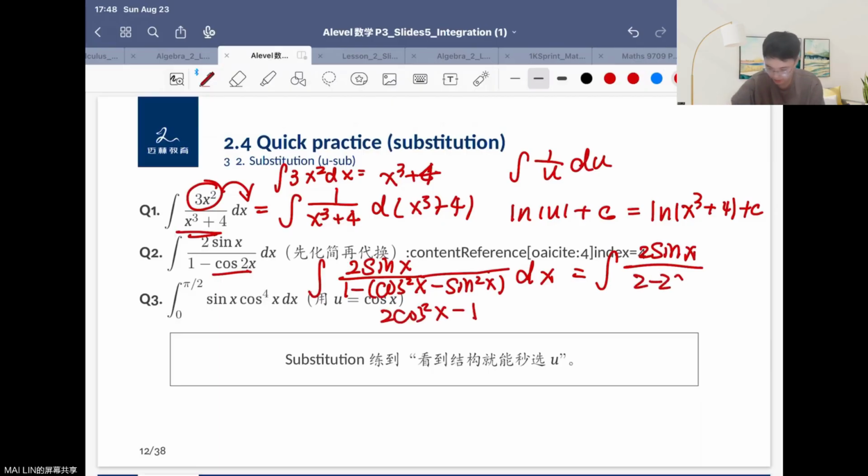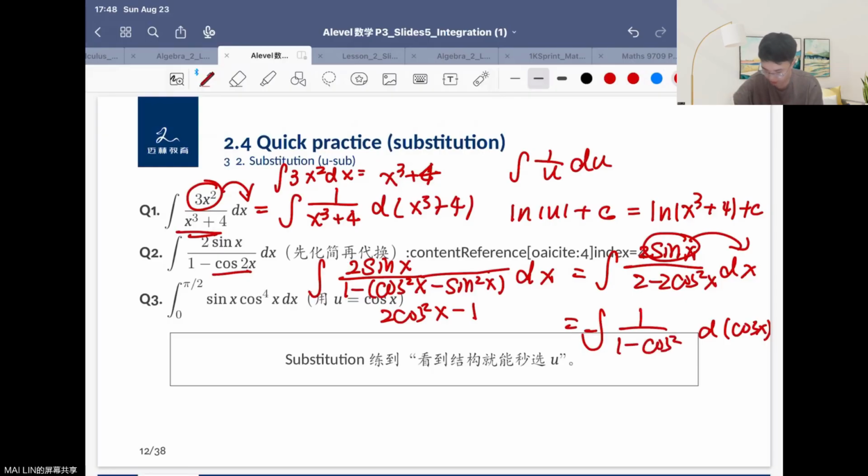So it's 2 minus 2 cosine x squared dx, okay? So we can add sine x to the integration. So it's negative cosine x, right? So the value here is the integration for d cosine x, and here it is negative cosine. So here we've added a negative. So it's 1 over 1 minus cosine x squared.